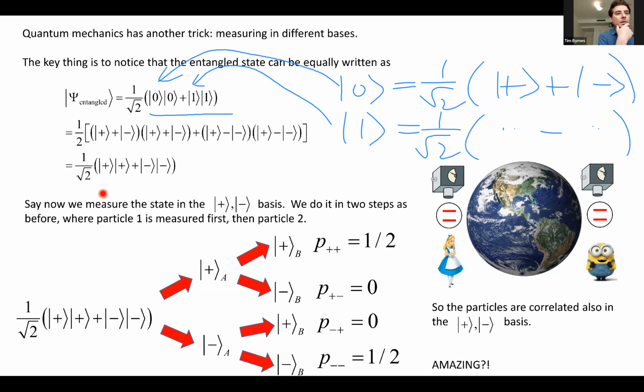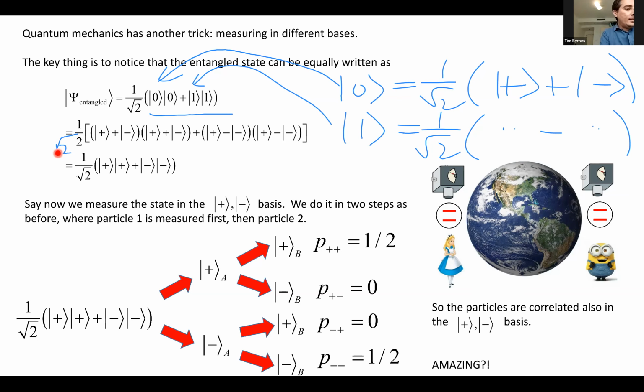I think I've messed up the normalization. I think there has to be an extra factor of √2 here. Yeah, I think it's 2√2 here, because there's already a √2 here, and then there's a √2 here and a √2 here. So there's two of these things, so it should be √2 cubed, right? So this should be 1/2 √2.